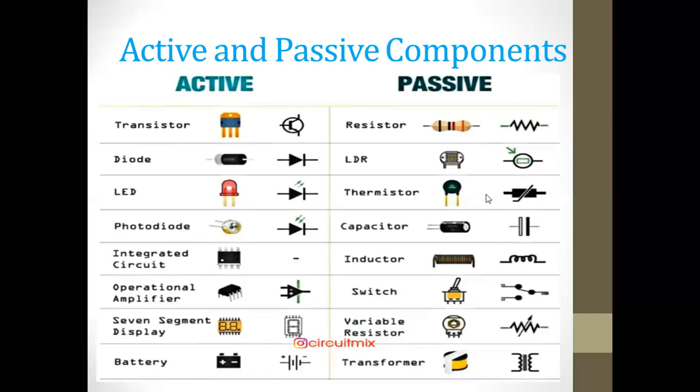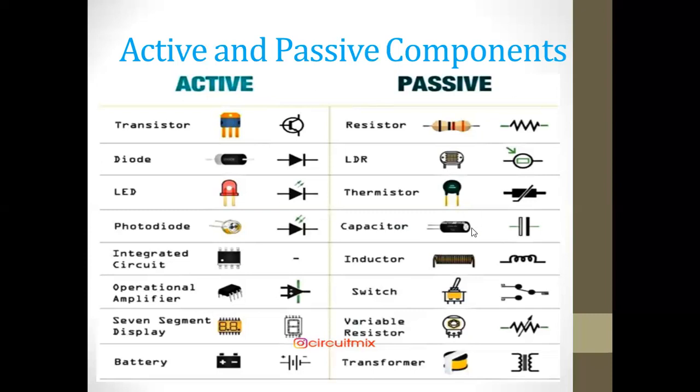Whereas the passive components are resistor, LDR, thermistor, capacitor, inductor, switch, variable resistor, and transformer. So the active components deliver power, whereas the passive components absorb the power. This is the difference between active and passive components.